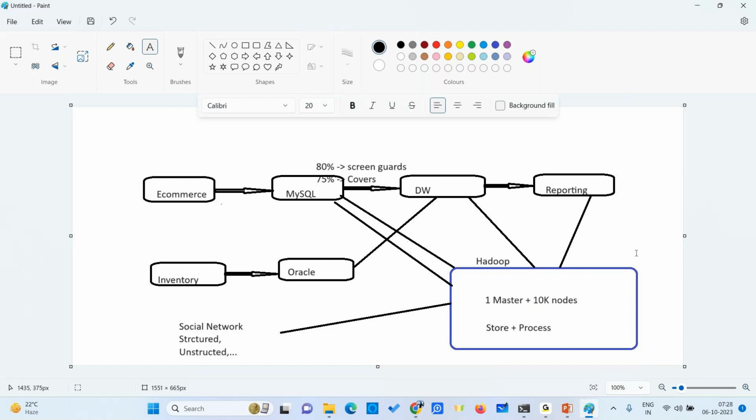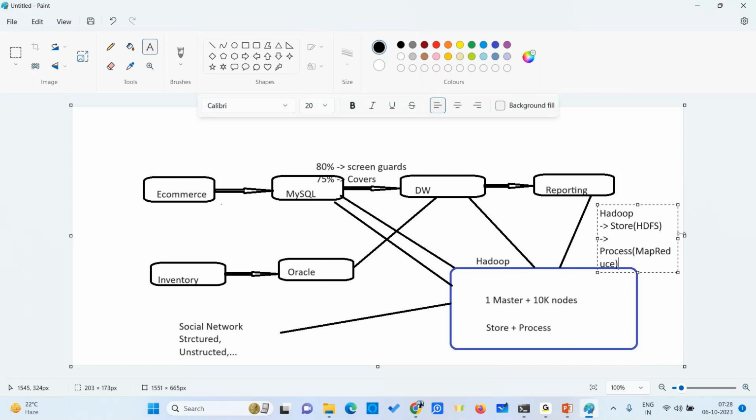That means in Hadoop we have storage, that is in the form of the HDFS distributed file system, as well as the process, that is called MapReduce. I'll tell you what is MapReduce and all.